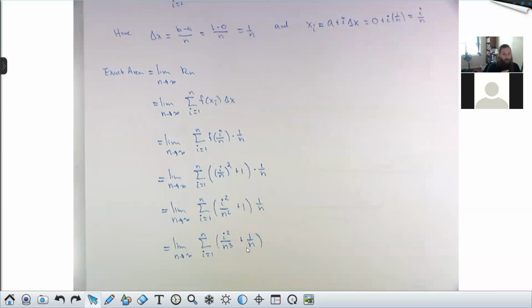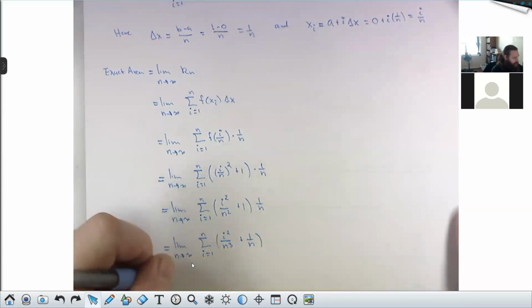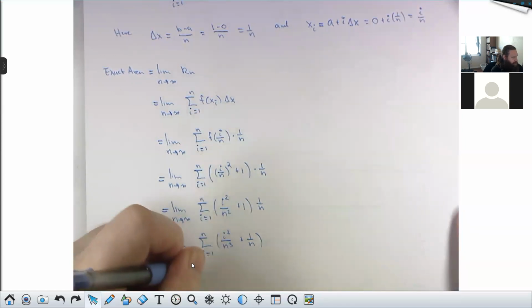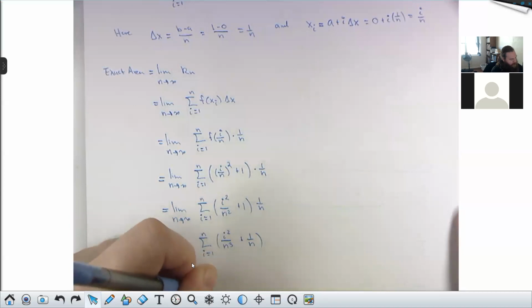And now I can use my rule for the sigma operator that says sigma of one thing plus another thing is sigma of the first thing plus sigma of the second thing. But I've got this limit out front, and I need to make sure that that limit applies to everybody. So this will be the limit as n goes to infinity. I'll open up a bracket here.